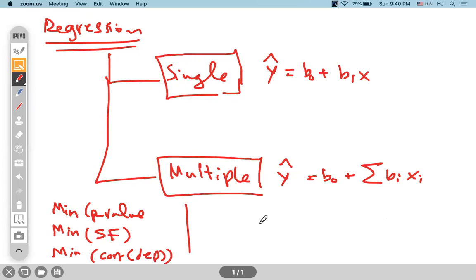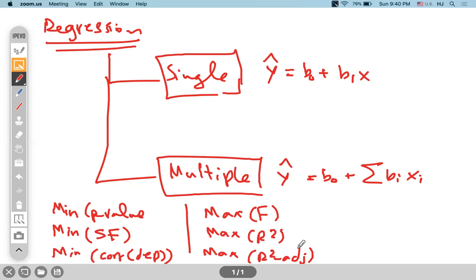And we try to figure out the model that gives us the maximum F score from Fisher test, the maximum R square score, the maximum R square adjusted score as well, and the maximum correlation between dependent and independent. So that's what we try to figure.